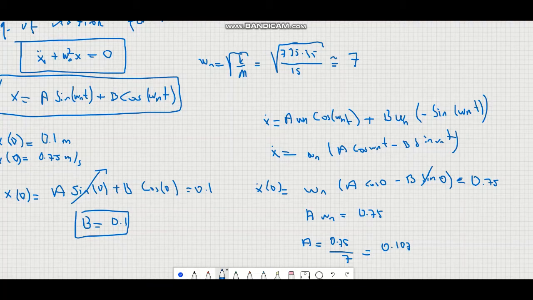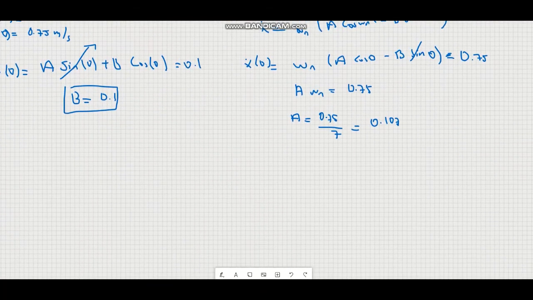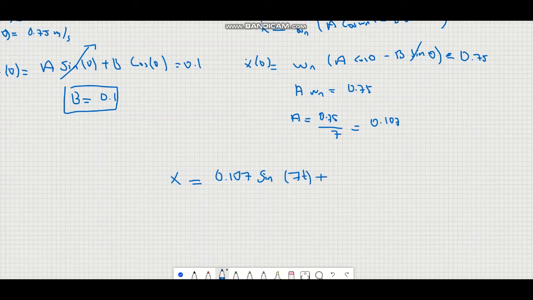Okay, so our equation of motion x is going to be, instead of A, I'm going to write 0.107 sine of natural frequency, which is 7, so 7t, plus, instead of B, I will write 0.1 cosine 7t.